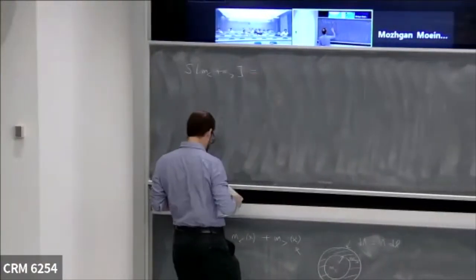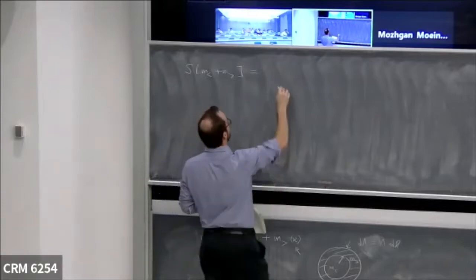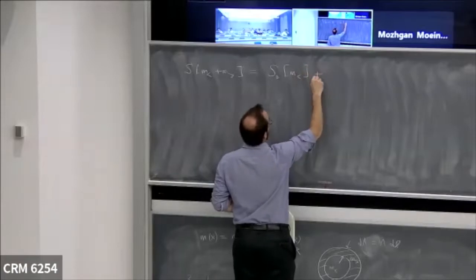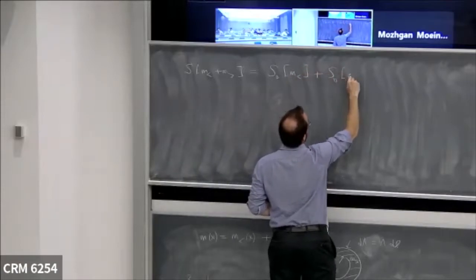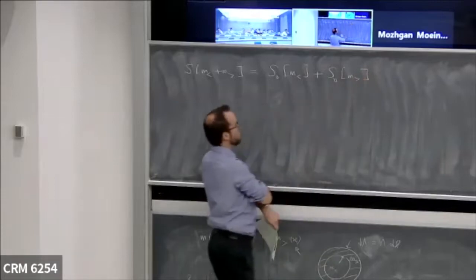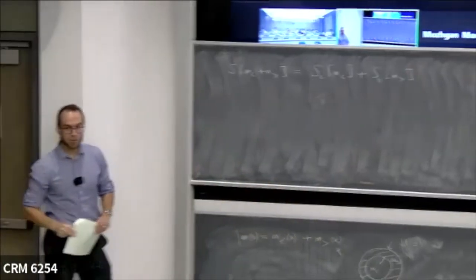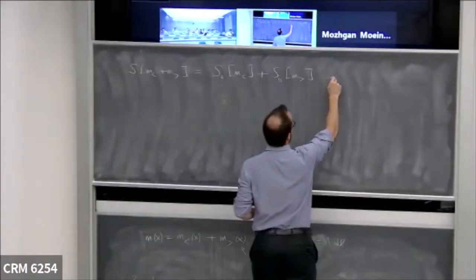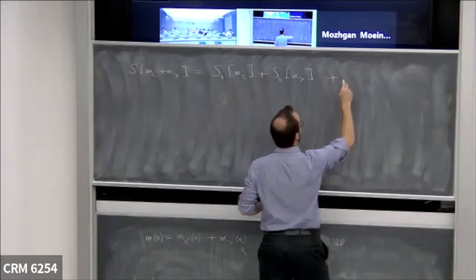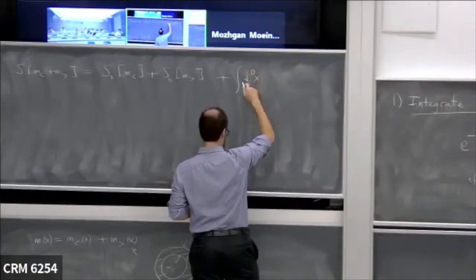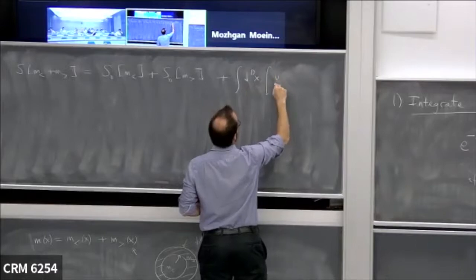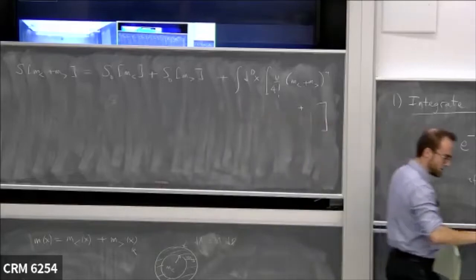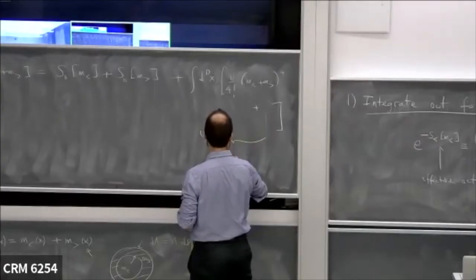If you do this, what you find is that the quadratic part of the action just splits into a sum of 2 terms, each controlled by the same functional form for the quadratic piece, and then you get a sum of other terms, which are your interaction terms. For example, we had this quartic term here. This I'll call the interacting part of the action, S int.